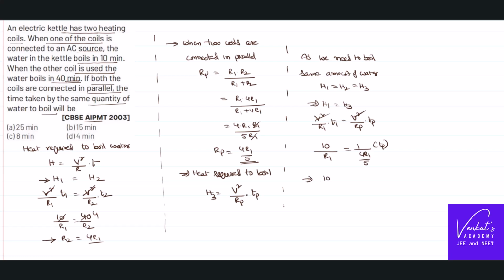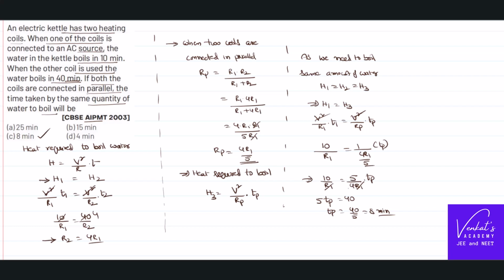That implies 10 by R1 equals 5 over 4R1 times T parallel. This 5 goes to the numerator, and these two will cancel. So 10 into 5 equals 4 into T parallel, so T parallel is 40 by 5, that is 8. As all the data is in minutes, this will also be in minutes. So the answer for the problem is 8 minutes.